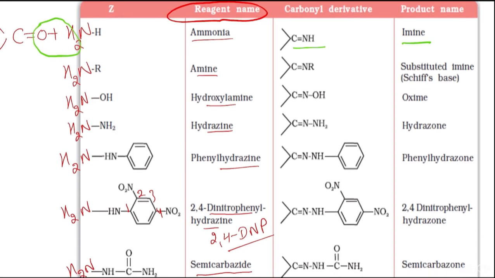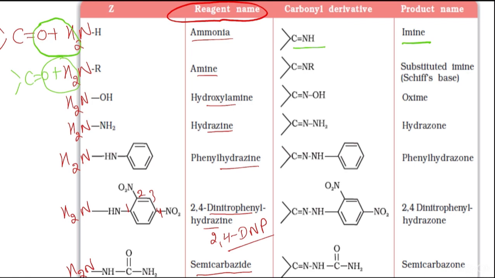Same way, write C double bond O here, the carbonyl group. Remove this for yourself. This is the easy way to remember the products, because even if they are not asking, you are not supposed to show the attack of the lone pair of nitrogen on carbon and then show the intermediate and then remove water. This is the quick way of remembering the product.